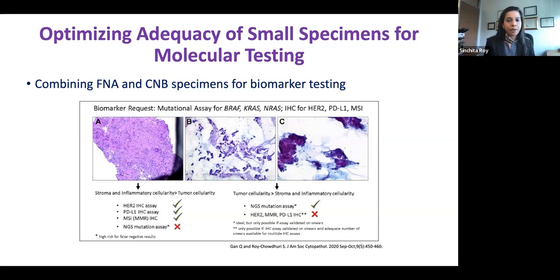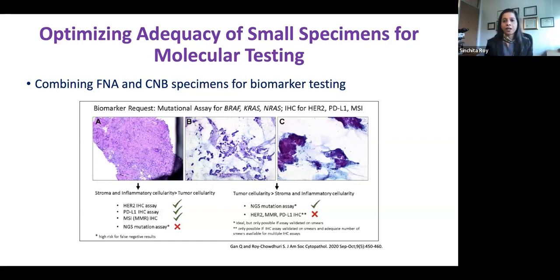And if you look at the core biopsy on the left, you can see there's adenocarcinoma. They're like small clusters, but it's embedded in this stromal tissue that has a lot of fibrosis and inflammatory cells. Now, this core biopsy specimen, it's definitely adequate for doing these IHC biomarkers, right?